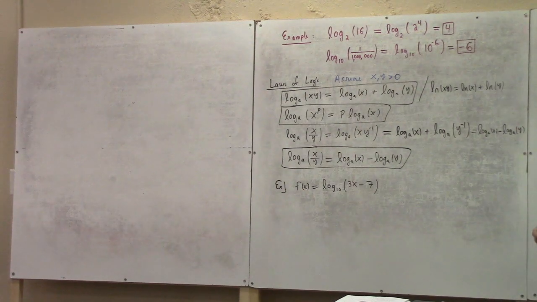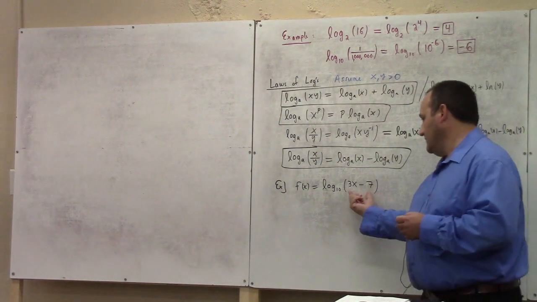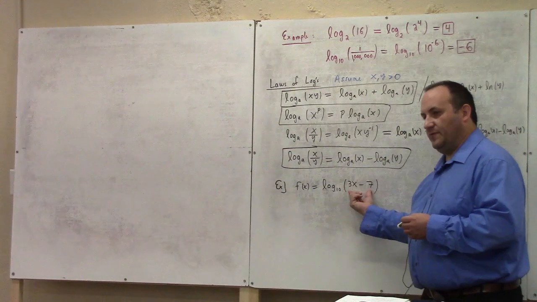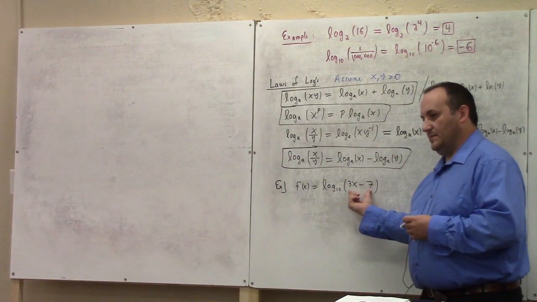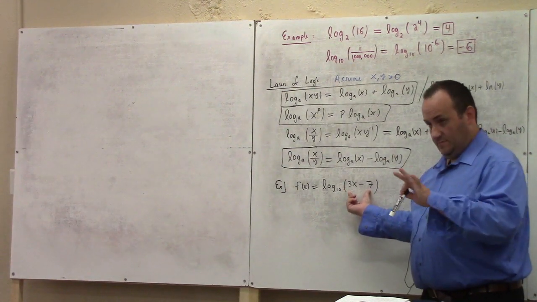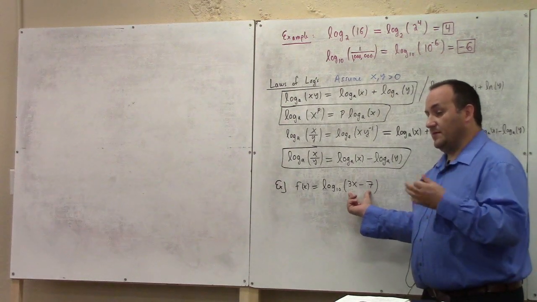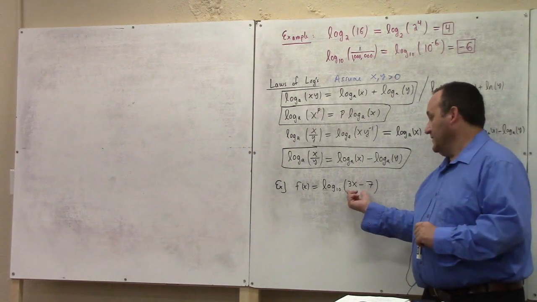No. But the thing is, we're evaluating the log at 3x minus 7, right? Now, if it was just x, you'd be right. It'd just be all positive numbers. But you have to think about what we need.